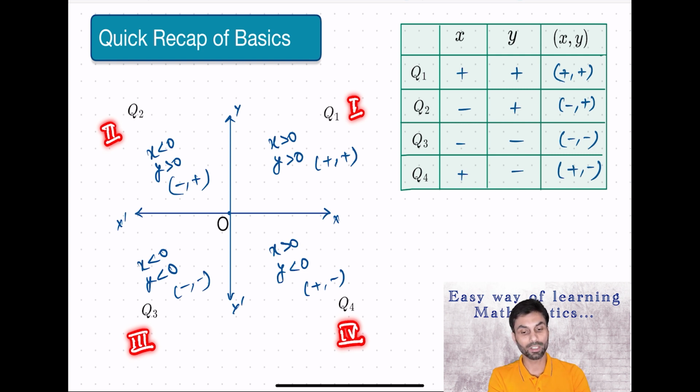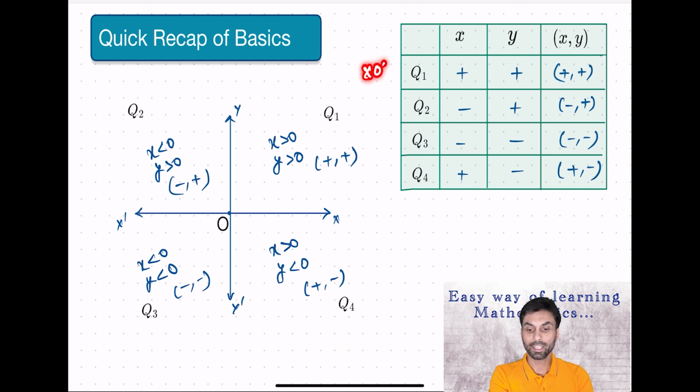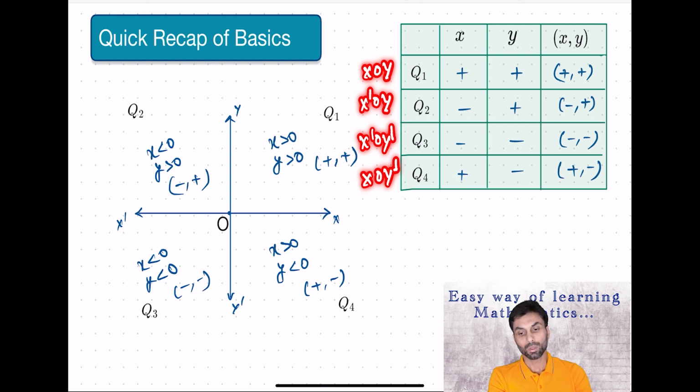So we can write the first quadrant as XOY. The second quadrant can be written as X dash OY. The third quadrant can be written as X dash OY dash. And the fourth quadrant can be written as XOY dash. So rather than writing Q1, Q2, Q3 and Q4, they can mention it this way also.